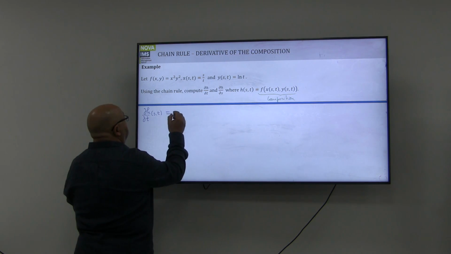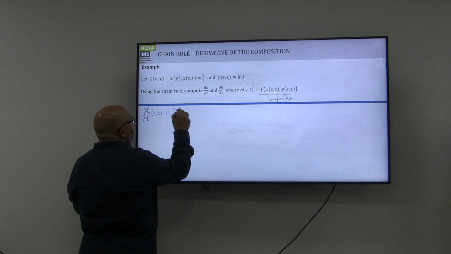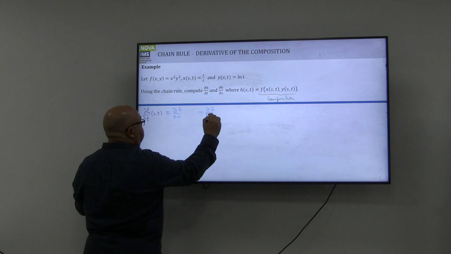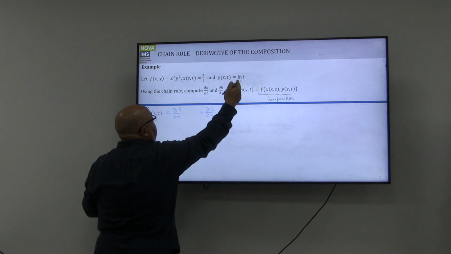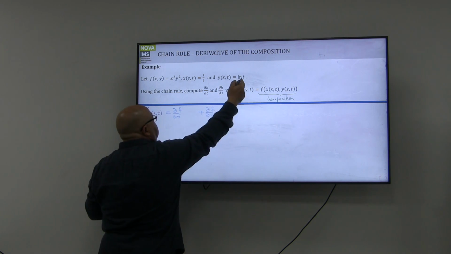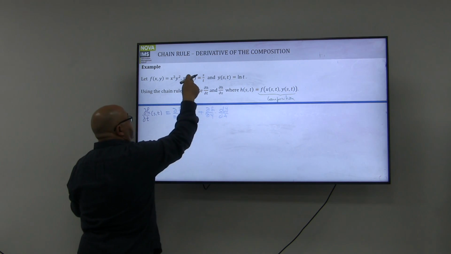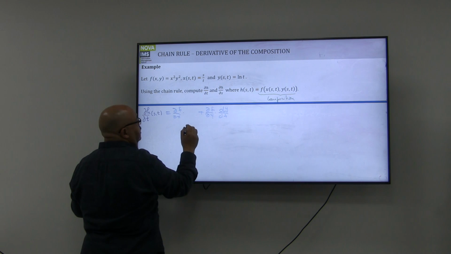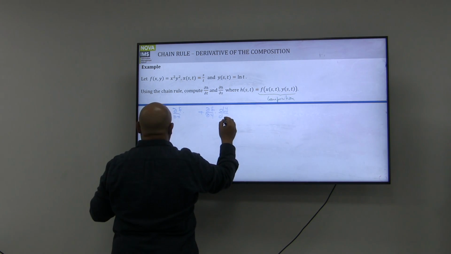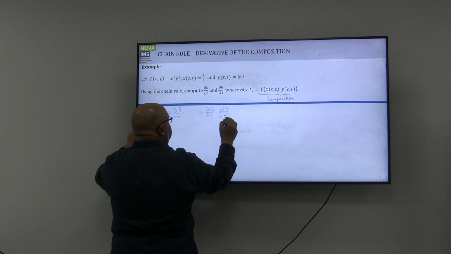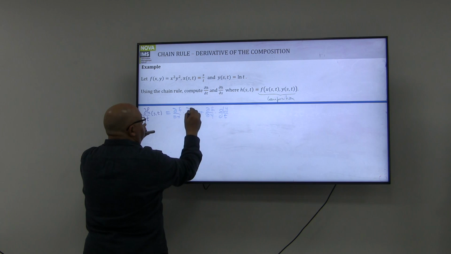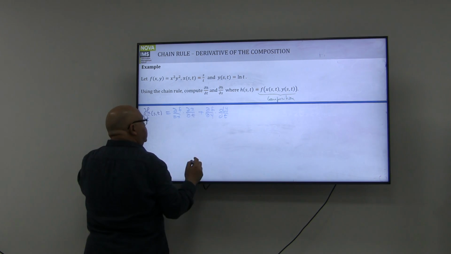This is going to equal partial f partial x plus partial f partial y. But this guy is times dy by dt, since it is just only a function in t. Sorry, partial y, partial t, it's going to be with respect to t. Okay, but this one is going to be partial x, partial t, as you can see.